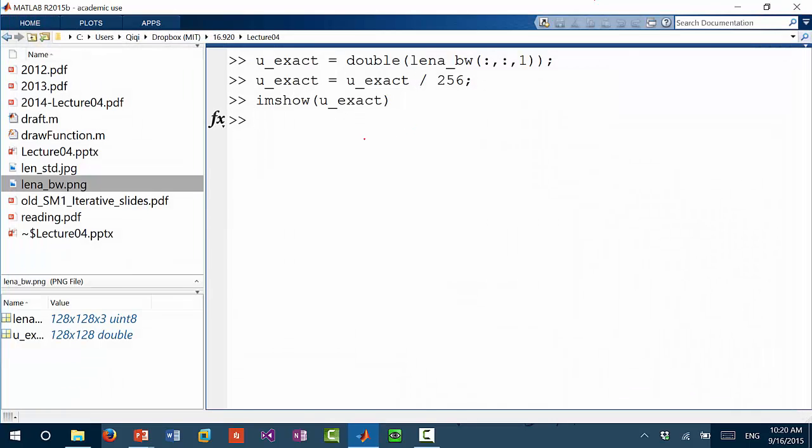That's the U exact. Okay, so if this is the solution of the Poisson's equation, what should be my B? Let's say with 0 boundary condition. I have AU equal to B. If U is equal to that, what is B?